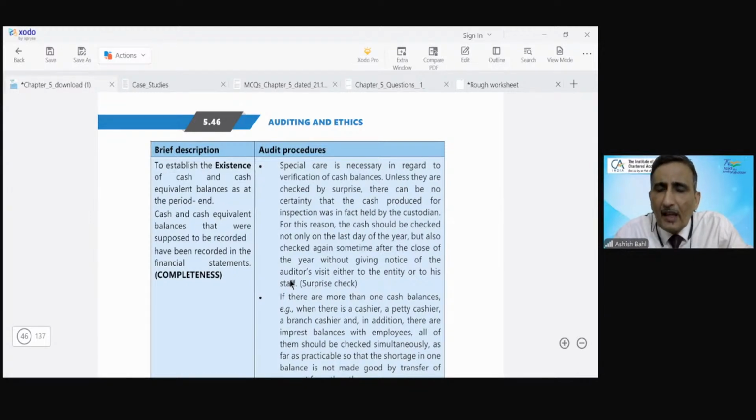One or two questions in the case study may not be directly related to this chapter. They may be related to chapters you have done previously. There are two case studies with a total of 7 questions, 3 in the first case study and 4 in the second.